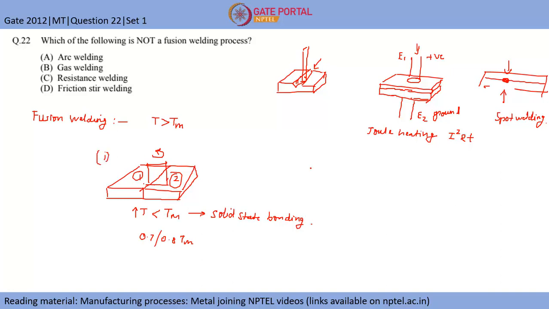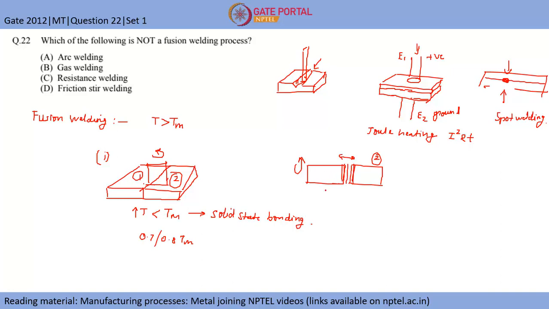Another type is where you have a cylinder and another cylinder that you have to bond. Cylinder 2 will be stationary and you will rotate the other cylinder, with both in contact with each other, so that due to friction heat will be generated in this region and it will get bonded.